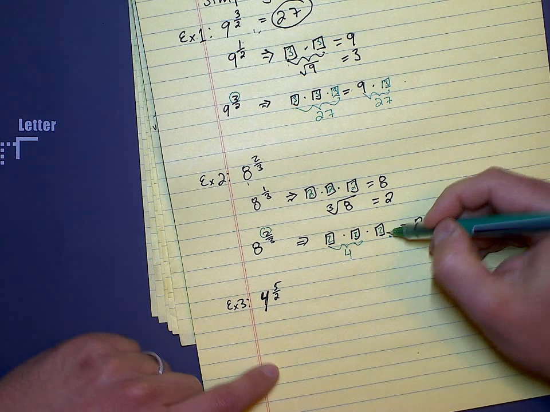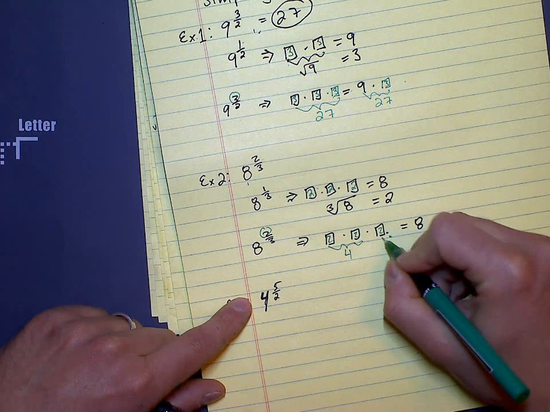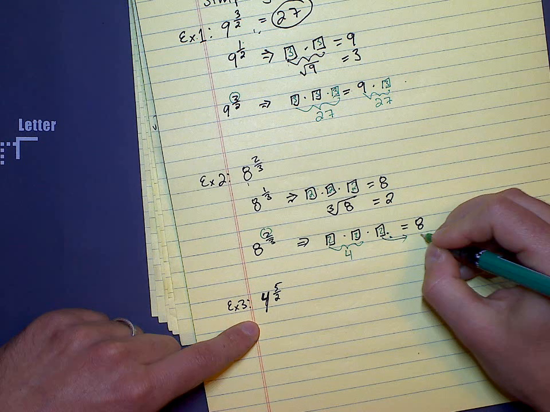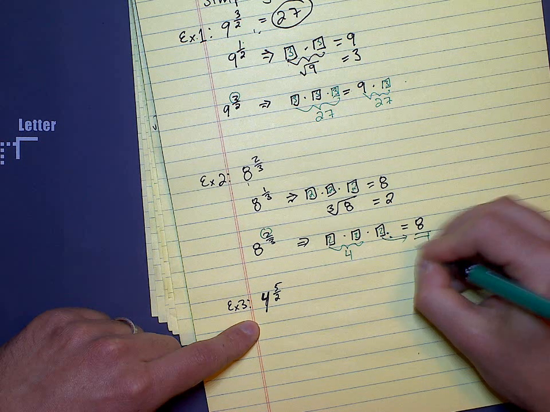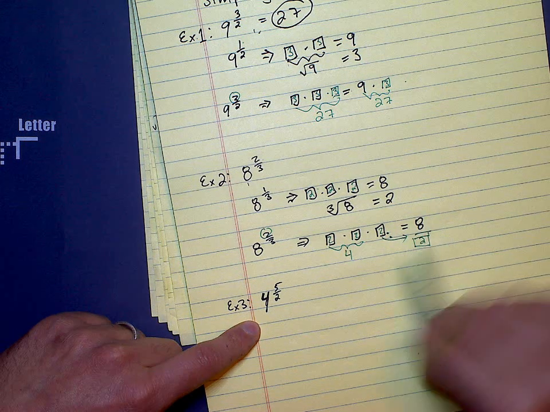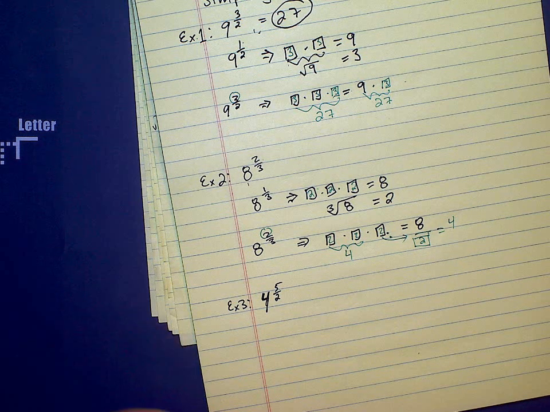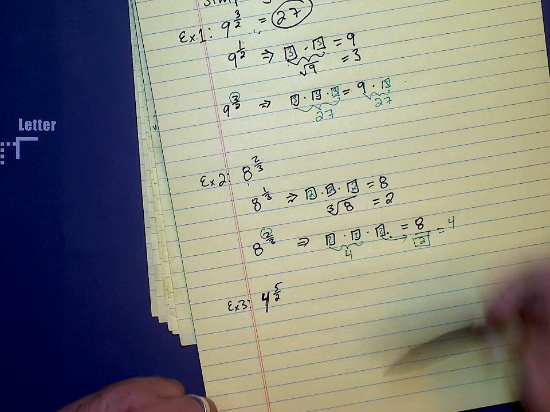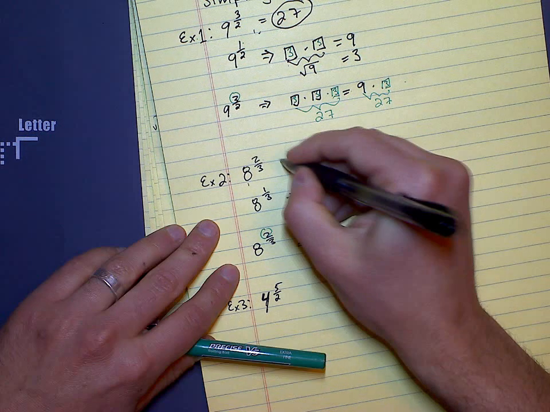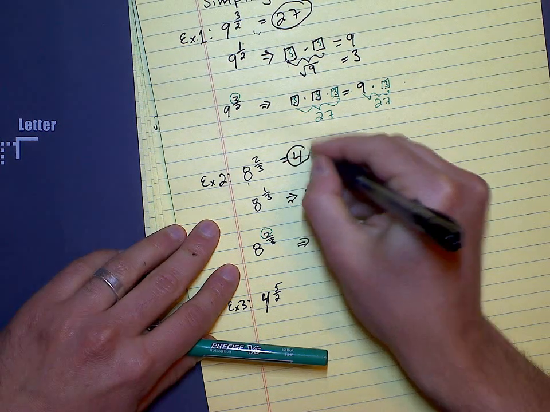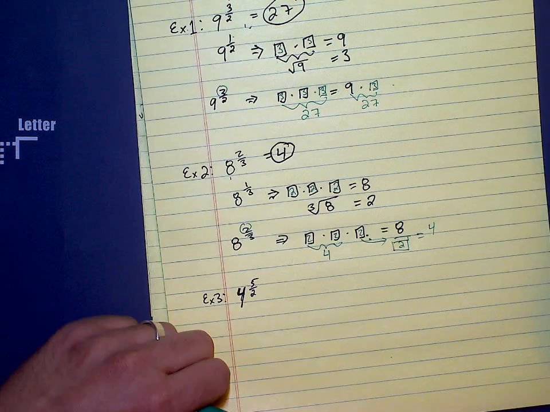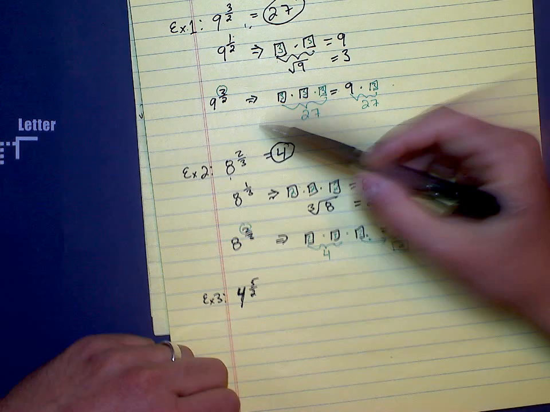What this extra 2 is doing here is, you can think of it as dividing out the 8. So if you have 8 divided by this extra 2, that's going to be 4, which means 8 to the 2/3 is equal to 4. And you can confirm that in the calculator if you'd like.